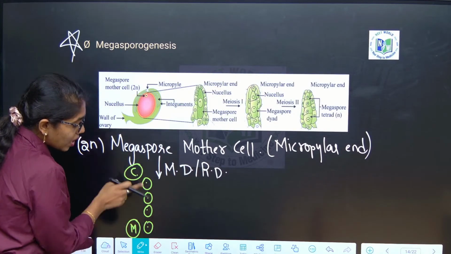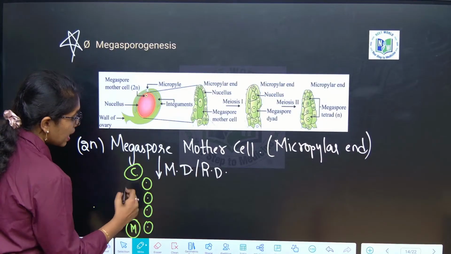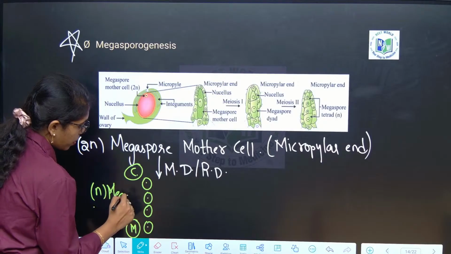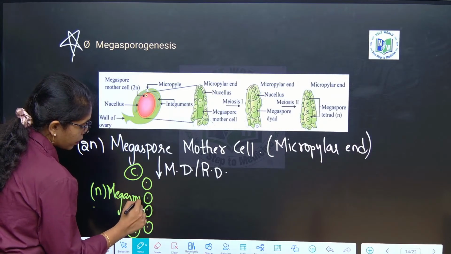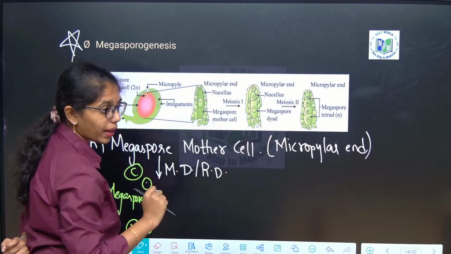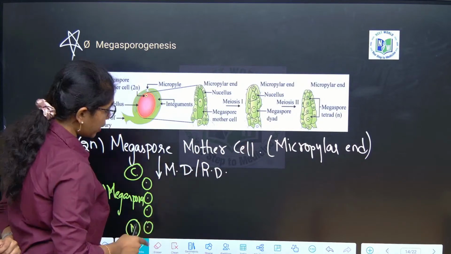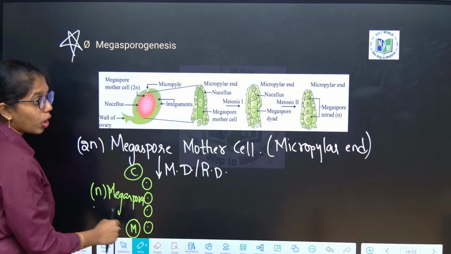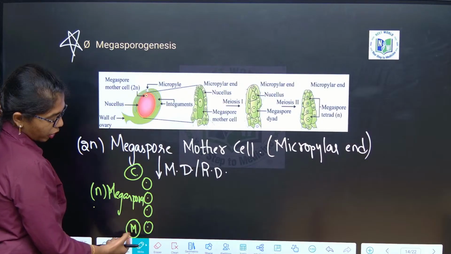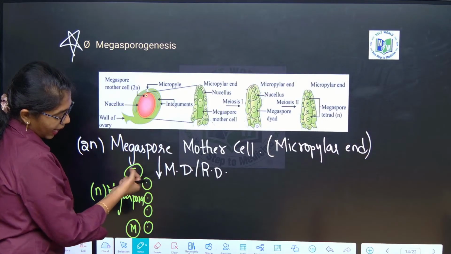Of these 4 daughter cells, these are called haploid megaspores. So the megaspore mother cell, close to the micropylar end, undergoes one meiotic division and forms 4 haploid megaspores.